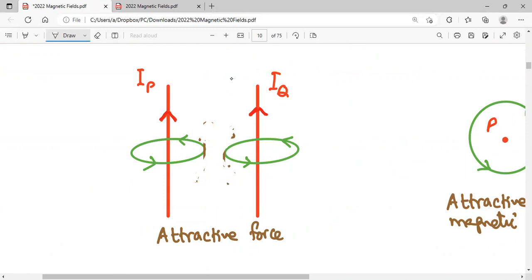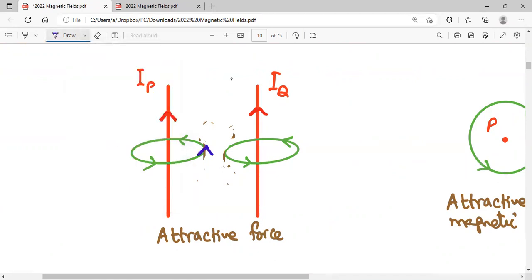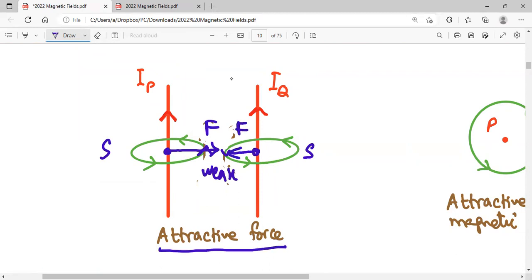And you can see that over here both the lines are again in opposite direction. So when they are in opposite direction, a weak field is there. When one side is weak, obviously on the other sides it will be stronger. So this stronger field is pushing the wire towards the weaker field, and this stronger on the right is pushing the wire towards the weaker. That's why an attractive force exists between the wires.